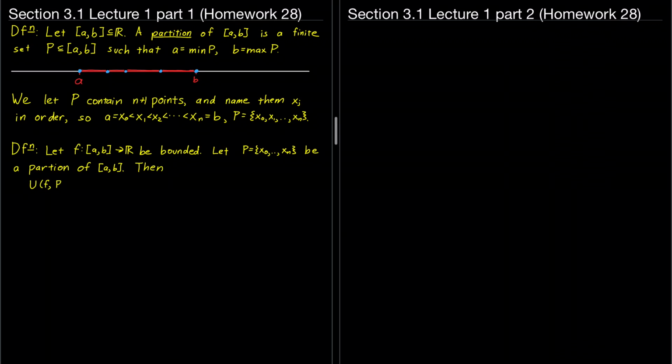U of f, P, this is the upper Darboux sum. This is the sum from j equals 1 to n of xj minus xj minus 1. So the first one is x1 minus x0, which you'll note is in fact defined. And then we write supremum of the following set, the set f of x, such that xj minus 1 is less than or equal to x less than or equal to xj.